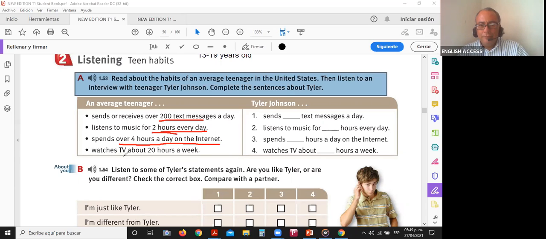Okay, how much television do you watch? It says here that an average teenager watches about 20 hours a week of television. Now that's a lot. 20 hours? I don't watch 20 hours a week. Let's see. On weekdays, I watch about 3 hours at night, and then on the weekends, I watch 3 or 4 baseball games or soccer matches.